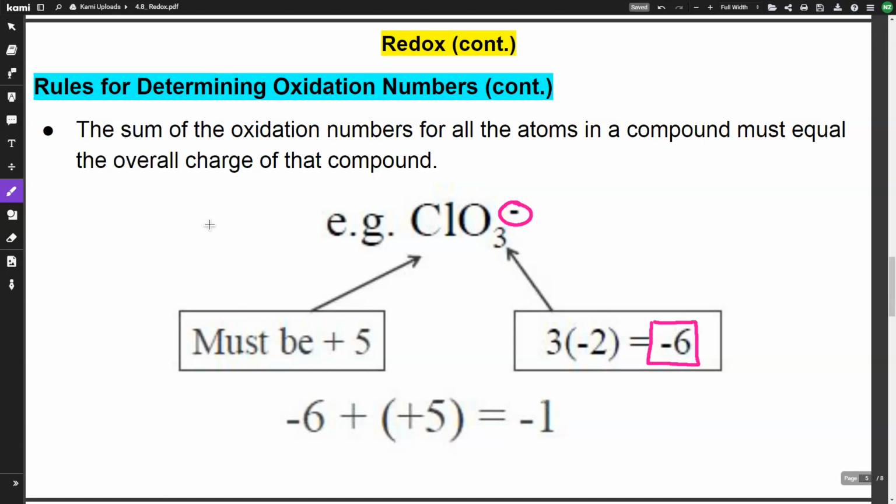So if the overall compound is -1, we know that oxygen's total is -6. We're solving for X here. Since there's 1 chlorine, the oxidation number must be +5. And that's where that's coming from.